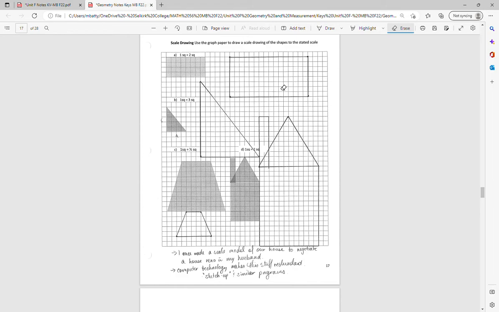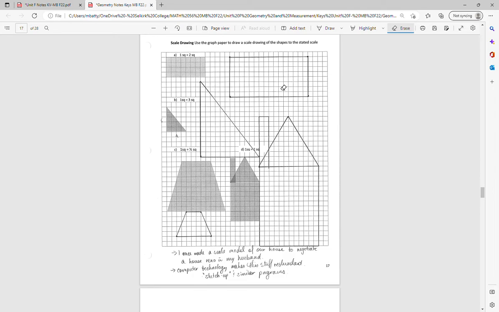It's really interesting to do this in this analog version of things, but I do think that computer technology has made this work a whole lot better. And things like SketchUp or other drafting and design programs have this functionality kind of built into them.